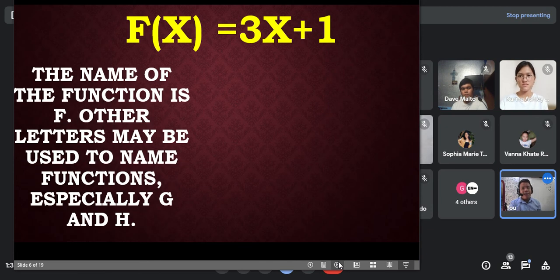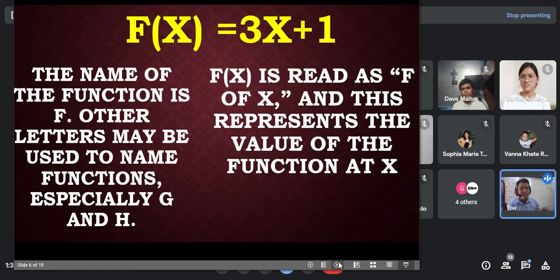Okay, so now, kapag nakita tayo ng ganyan, the name of the function is f. Bakit f? Because the letter na nauuna dyan is letter f. So, other letters may be used to name functions, especially G and H. Pwede natin ibang gamitin dyan, letter G, letter H, or kahit anong nasa A, B, C, D. And also, kapag binasa natin yung f parenthesis x, it is read as f of x.